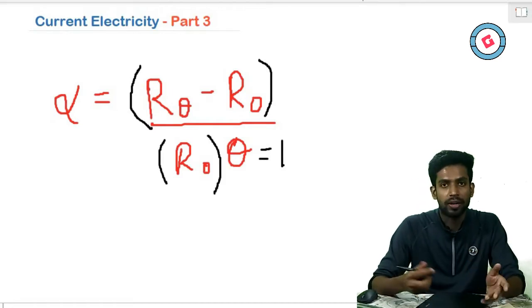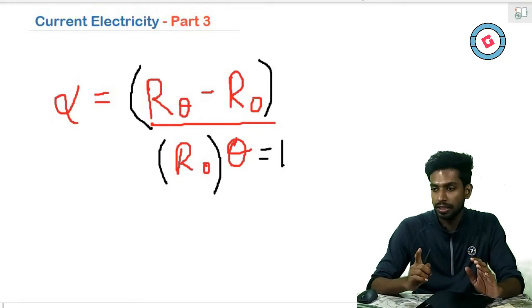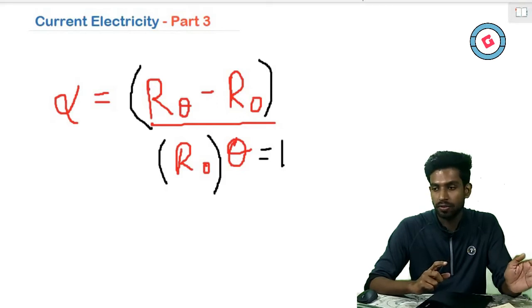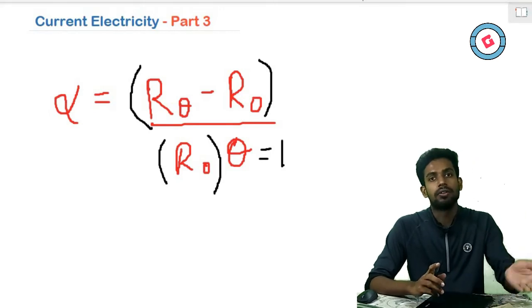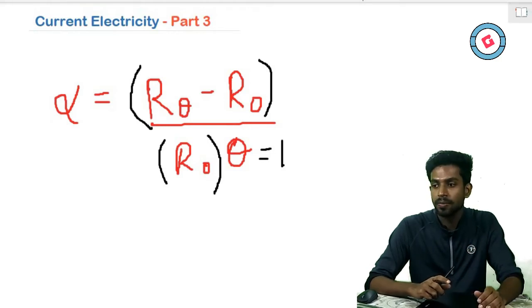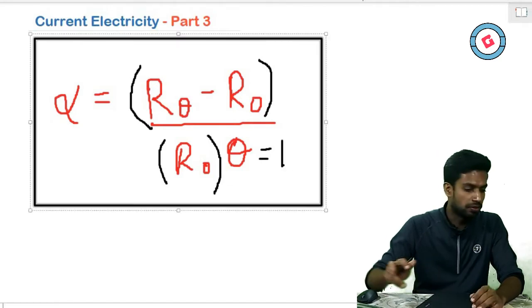So how can we derive a definition? The ratio between the change in resistance of a conductor from 0 Celsius degrees to theta Celsius degrees, and the resistance at 0 Celsius degrees, per unit increment of temperature, will be equal to alpha. So this is the definition for alpha.